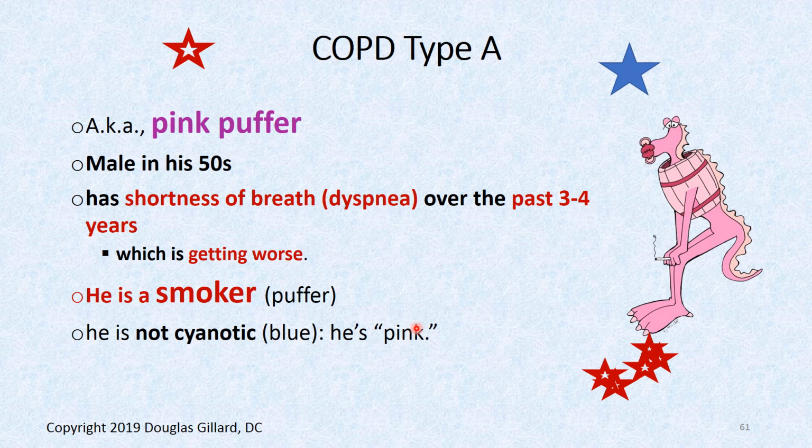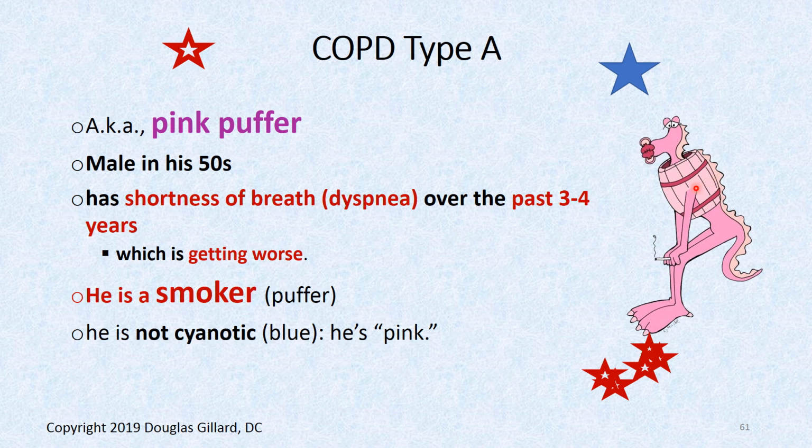There's the pink puffer. So COPD type A, pink puffer, classically male in his 50s. Well, the blue bloater's a male in his 50s too. Shortness of breath comes on over the last 3 or 4 years, especially in the wintertime. He's a smoker. He's pink because he's not cyanotic. This is how the old saying goes: he's not so bad that he's turning cyanotic, because the exchange of carbon dioxide and O2 is still working okay.